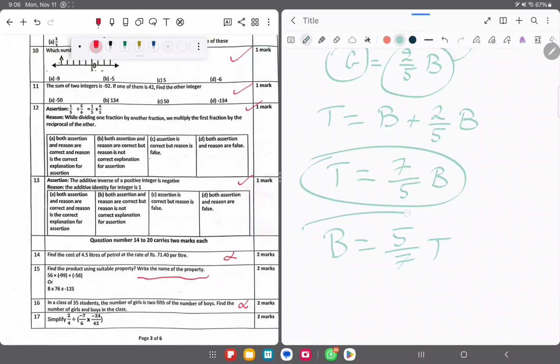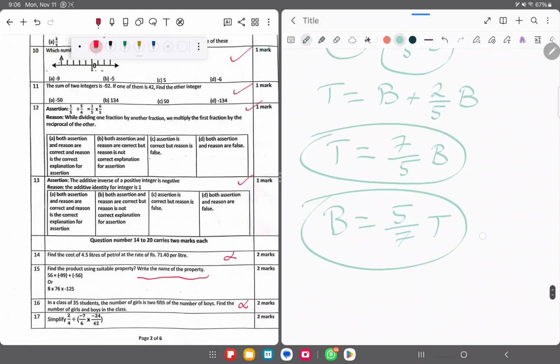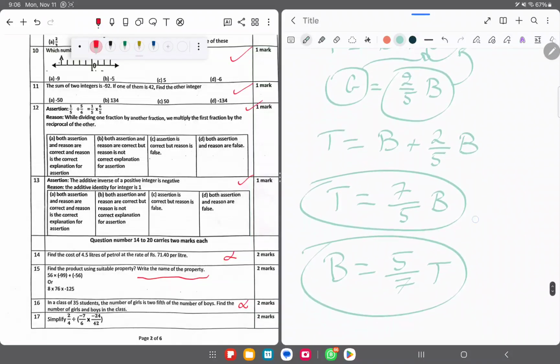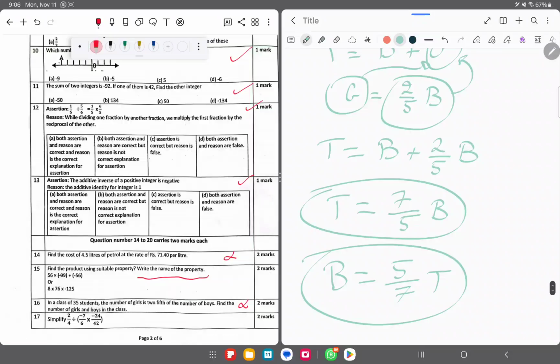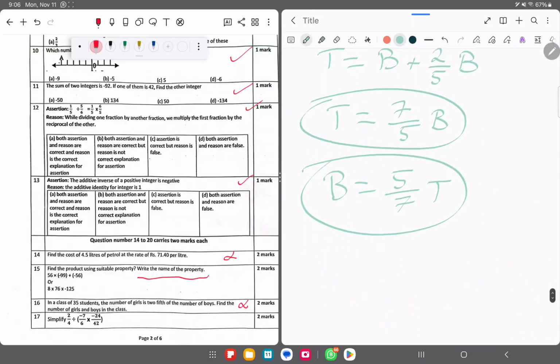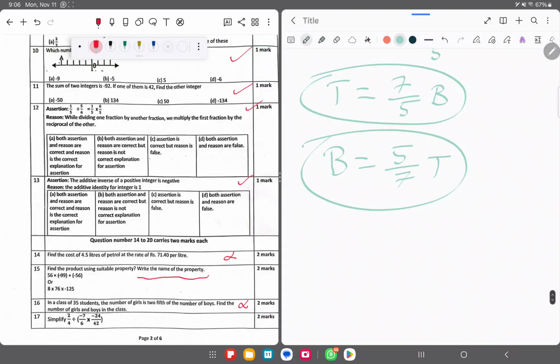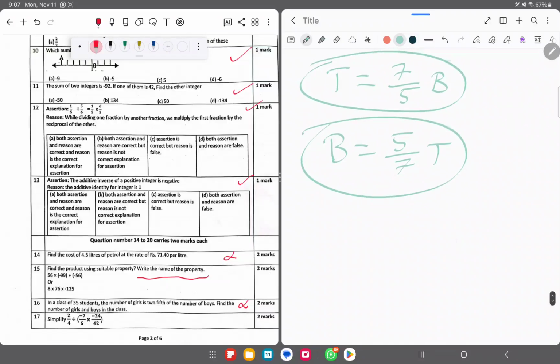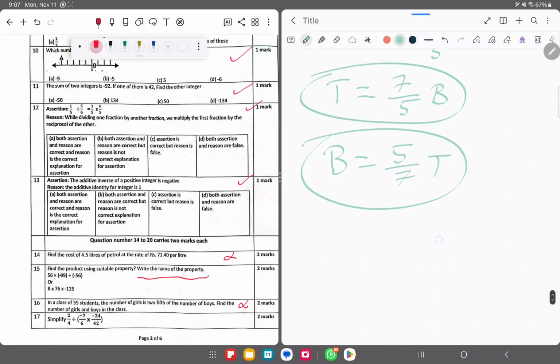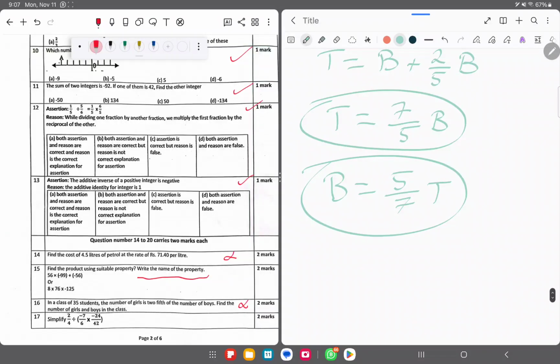So now I've written these two. If I want to get G, what do I do? If I want to solve for B and substitute B and then put it back in G, what am I trying to do?